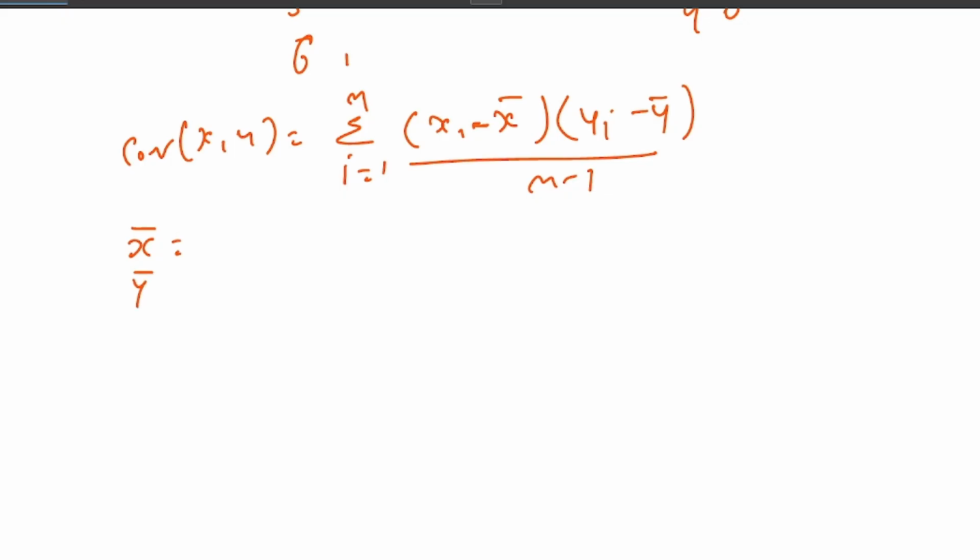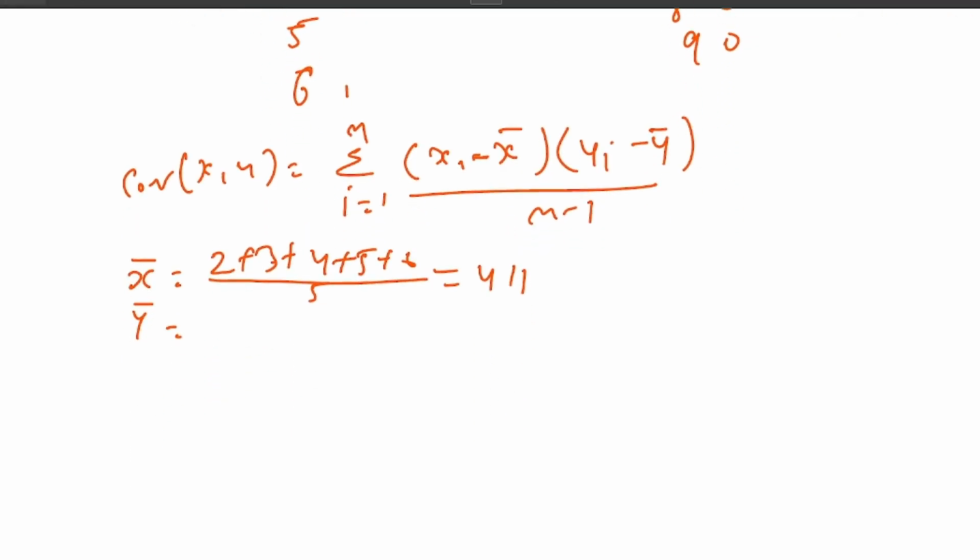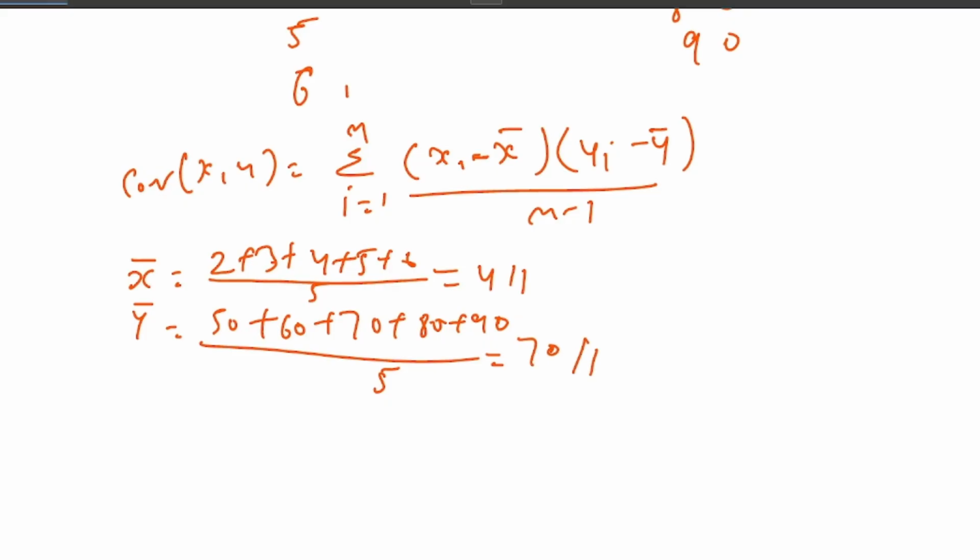So x bar equals (2 plus 3 plus 4 plus 5 plus 6) divided by 5, which is 4. And y bar equals (50 plus 60 plus 70 plus 80 plus 90) divided by 5, which is 70.